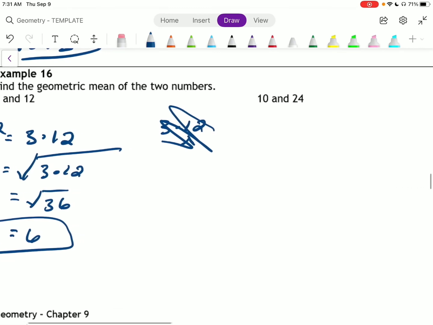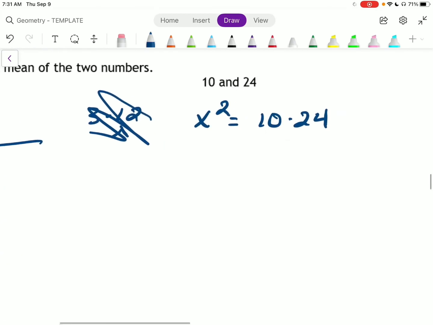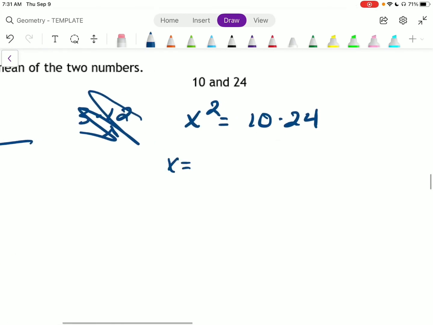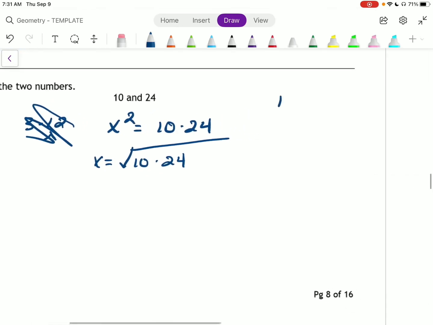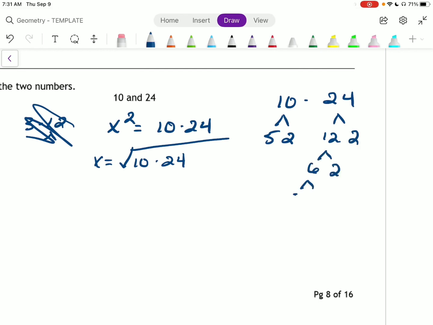Same thing for this next problem. We'll say x squared is 10 times 24. So x equals the square root of 10 times 24. Now I want to try to split these apart. 10 would split up into 5 and 2. 24 would split up into 12 and 2, 6 and 2, 3 and 2.